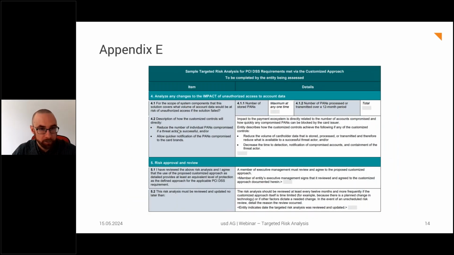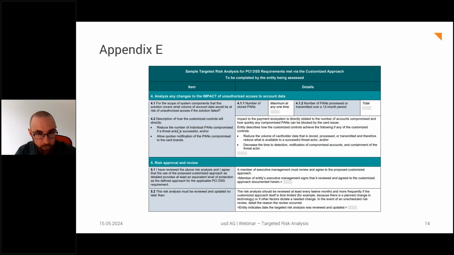As a next part, we have the impact, of course. So here the Council wants you to base the judgment that you made on the number of stored cardholder card numbers and the number of transmitted cardholder numbers, credit card numbers, in a 12-month period.